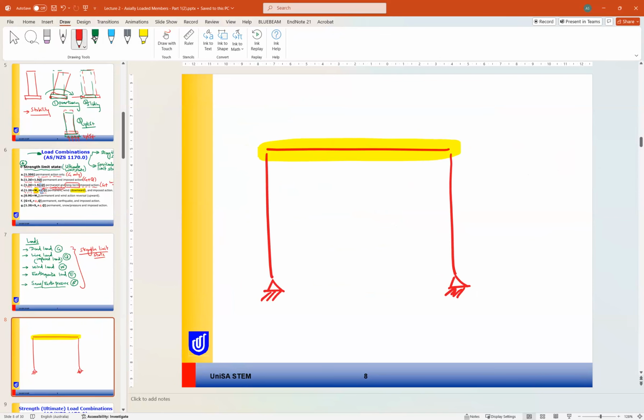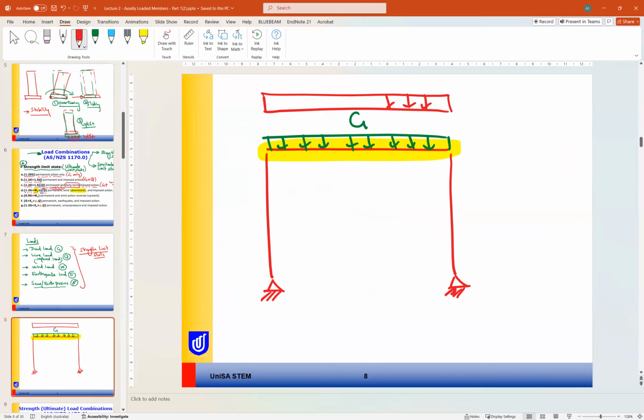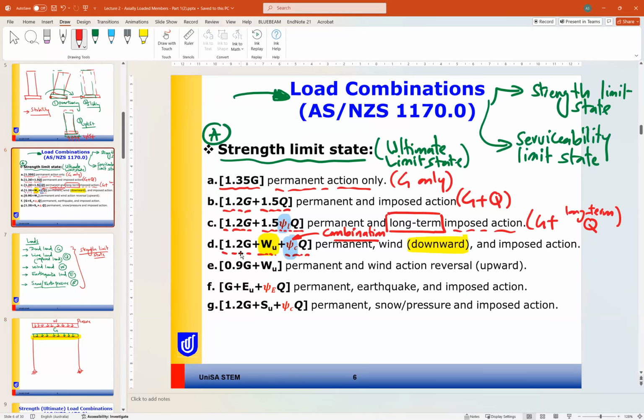So the loads on the beam can be dead load or G, and we can also have wind load. The wind load can be pressure or downward. So this is what is considered in the combination here. So in combination D, the wind is downward wind. You will see now the difference in the next combination.